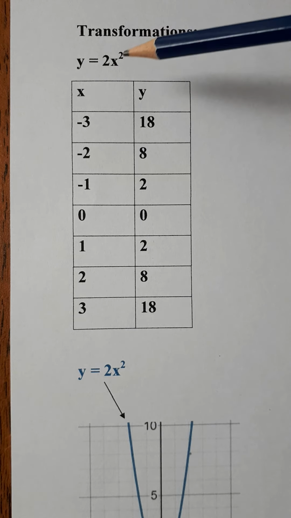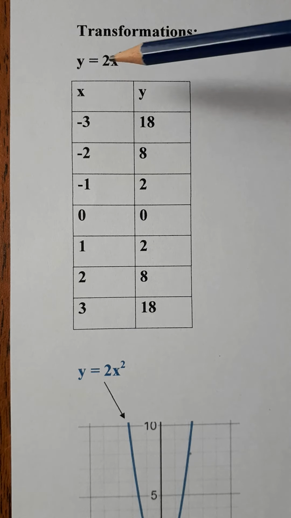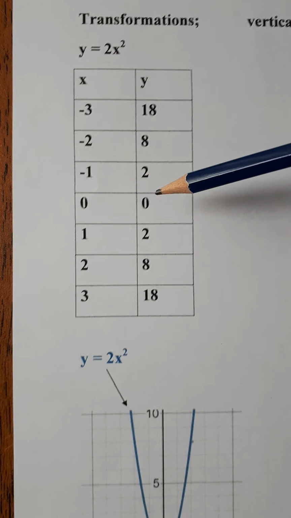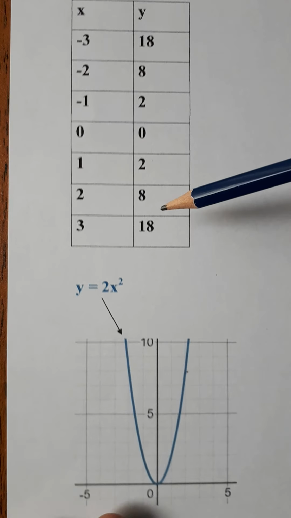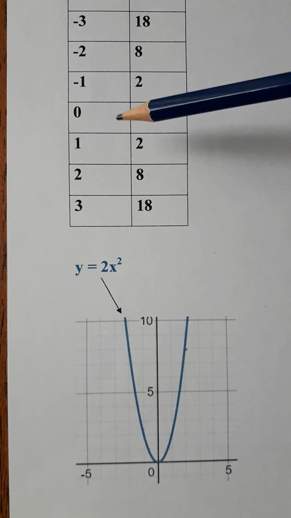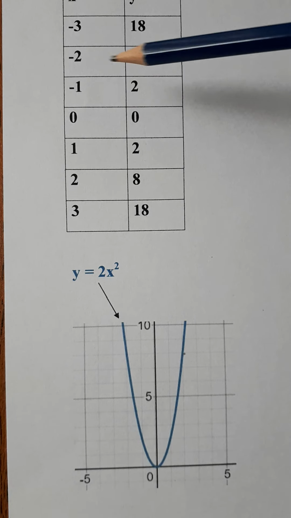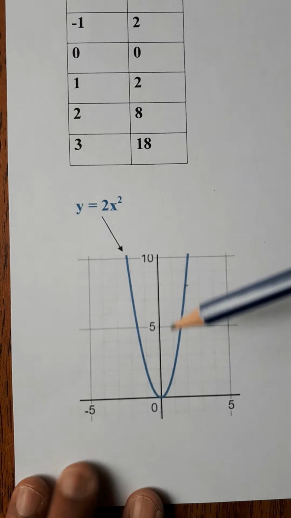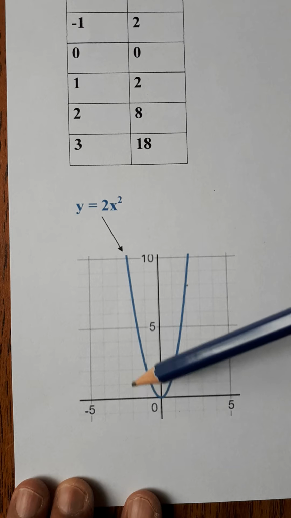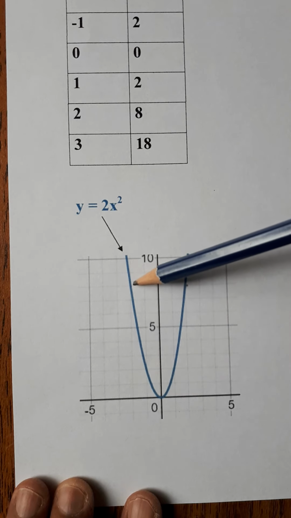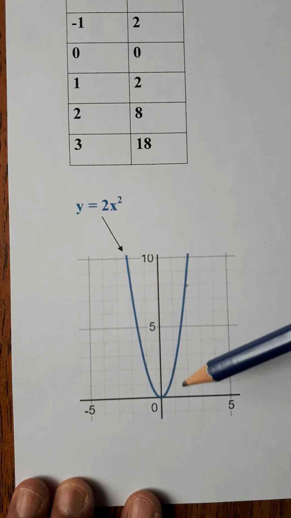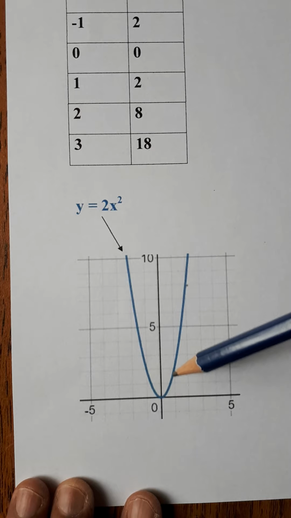Minus 2 squared is minus 2 times minus 2, which is 4. 4 times 2 is 8. So if you put these points on a graph, remember minus 2, 8. x equals minus 2, y equals 8 right here. x equals 1, y equals 2.